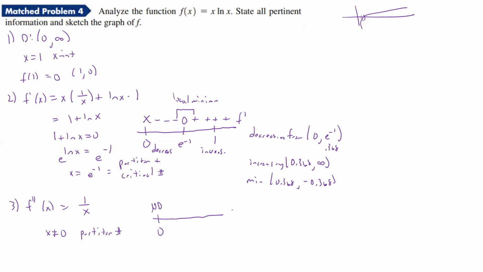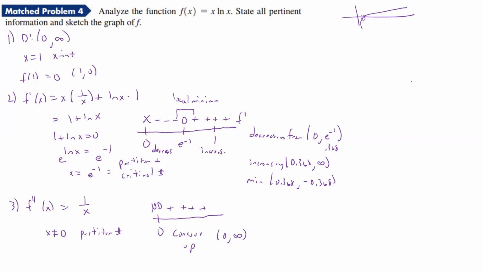And so it's everything to the right. So if we plug in a 1 here, we get 1. If we plug in a 2, we get a bit positive. So no matter what we plug in here, everything over here is going to be positive. So that's going to be always concave up. Okay. So concave up from 0 to positive infinity. So that really doesn't do a lot for us because it's always concave up.